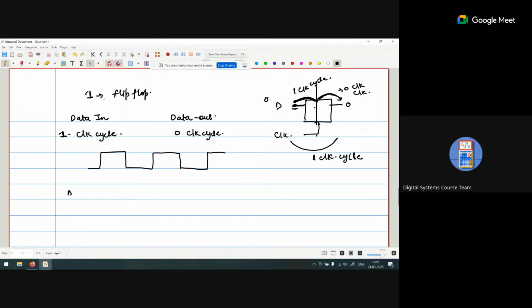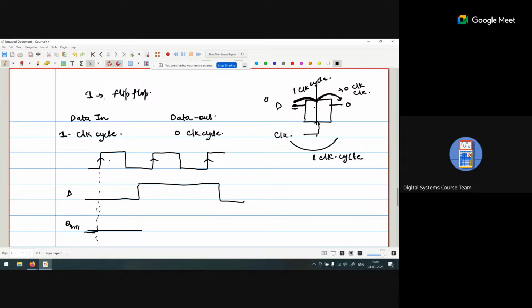Now if my D is zero, like this one, okay, and what is the Qn plus one? At this instant, it will be checked, the data is zero. So when you apply a clock cycle, according to the data, it will be zero.